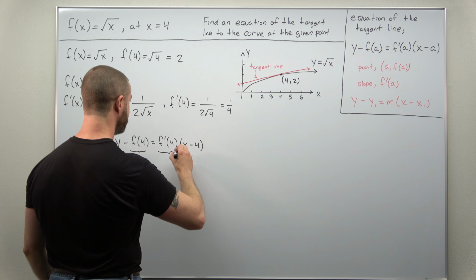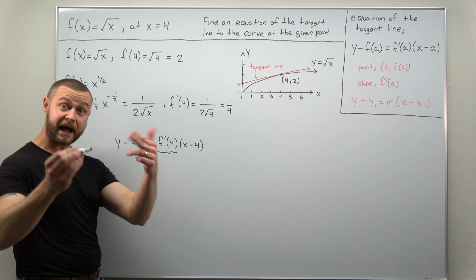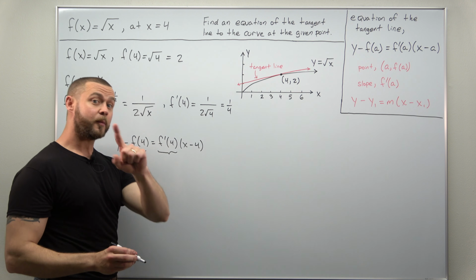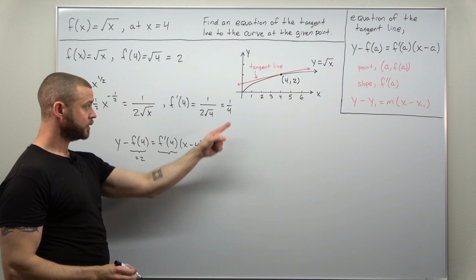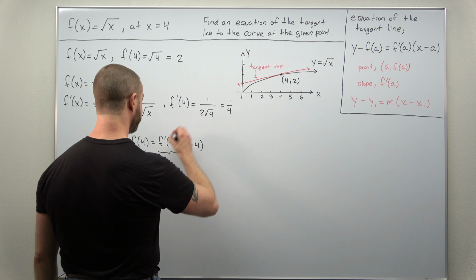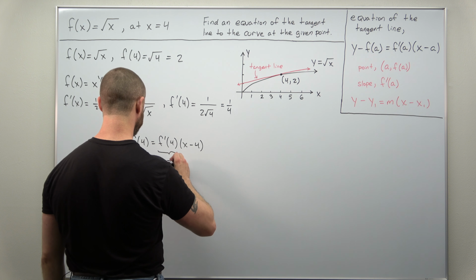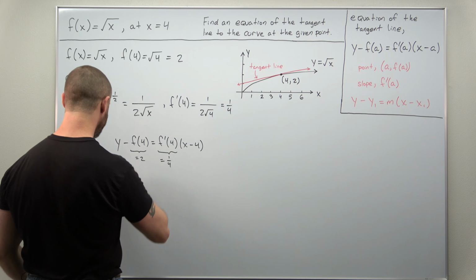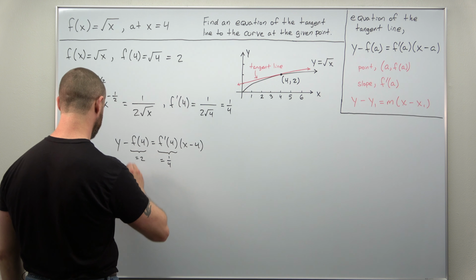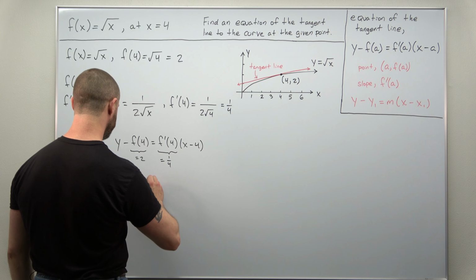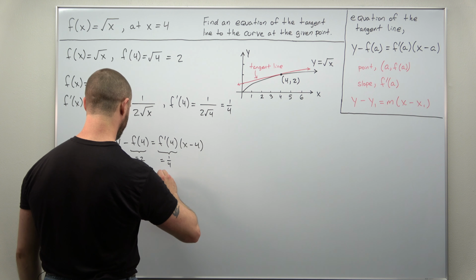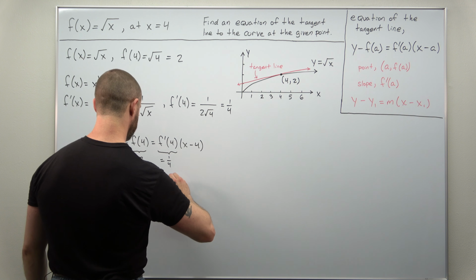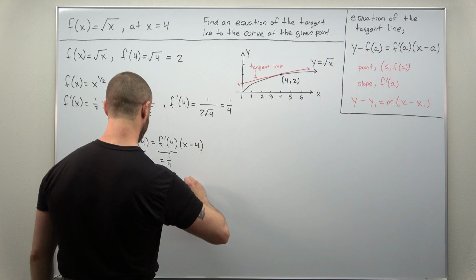And we just calculated our derivative, which, as expected from our graph, comes out to be a small positive value. F prime of 4 is 1 over 4. If you plug those in, we get, as the equation of our tangent line, y minus 2 equals 1 over 4 times x minus 4.